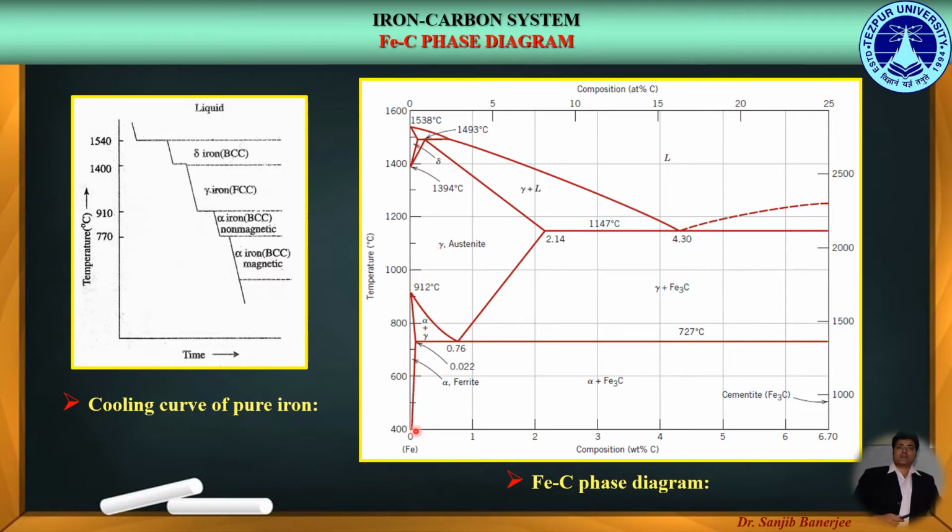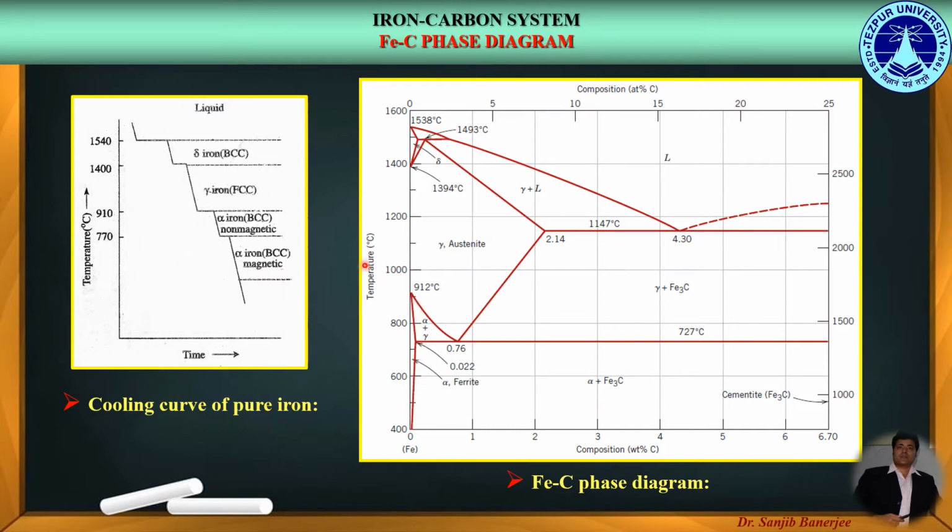For example, in the cooling curve of pure iron, below 910 degrees centigrade, we get alpha iron showing BCC crystal structure. So, when carbon forms an interstitial solid solution with alpha iron, we get the ferrite phase in the iron-carbon phase diagram.